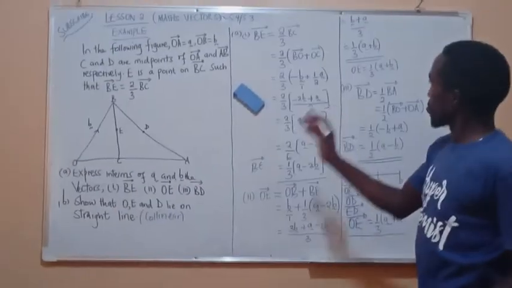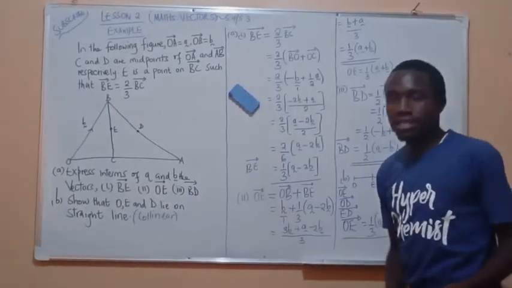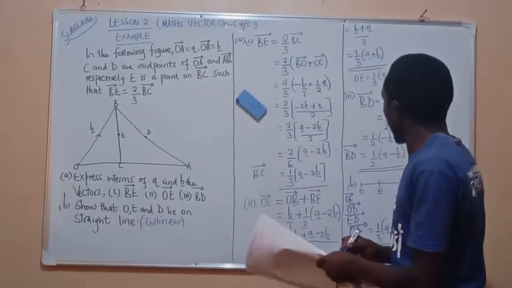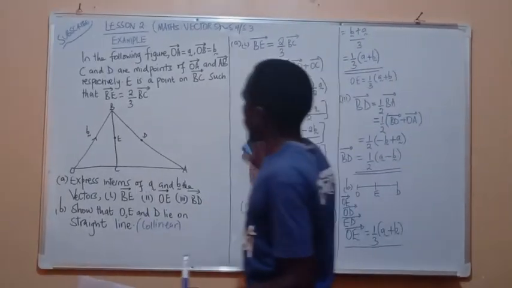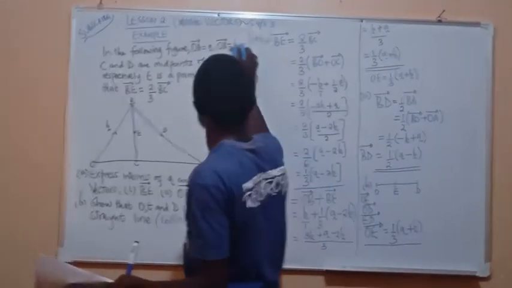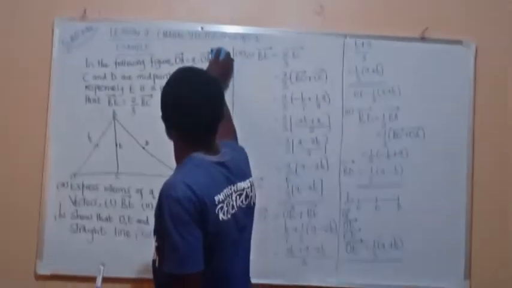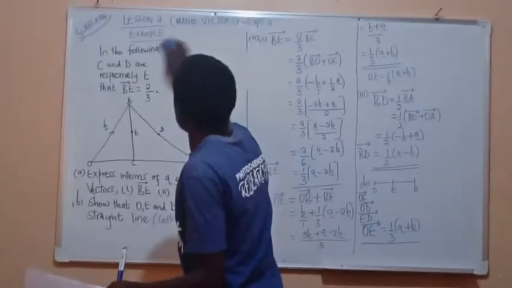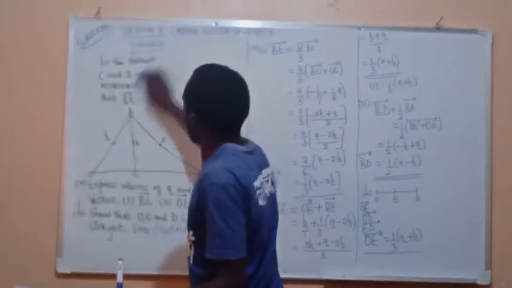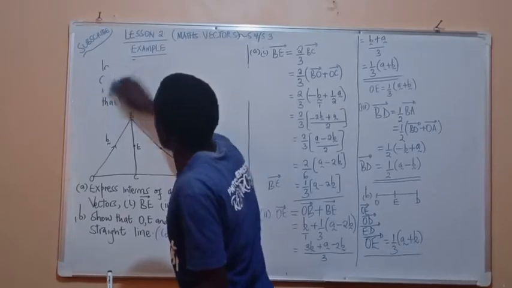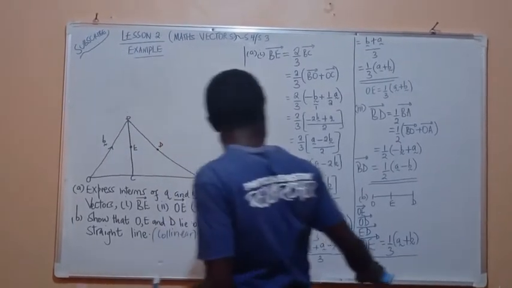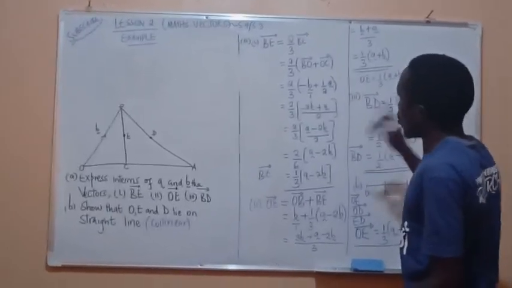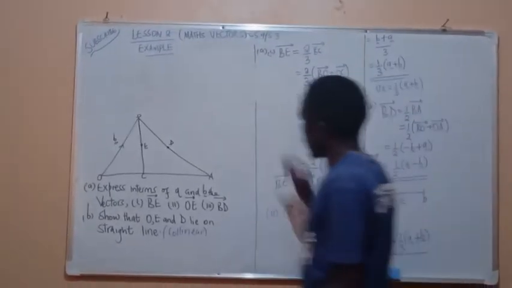Allow me to squeeze so that all our calculation is fixed on the same point, and remove this so that we can easily see our work very well. Now, I've decided to take point OD.